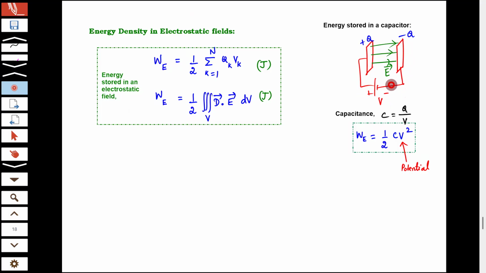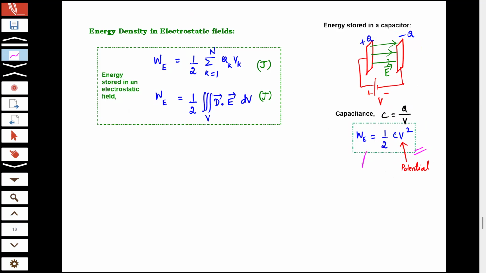If the capacitance of this capacitor is defined, that is usually the ratio of charge stored in either of the plates divided by the potential applied. So capacitance is Q by V, and how much energy is stored in this capacitor can be estimated as half CV square. This is the general expression for energy stored in the capacitor, which you have learned earlier, where C is the capacitance value and V is the potential.